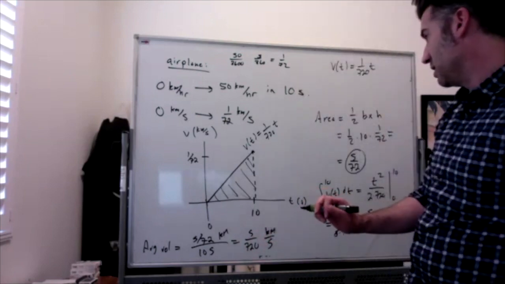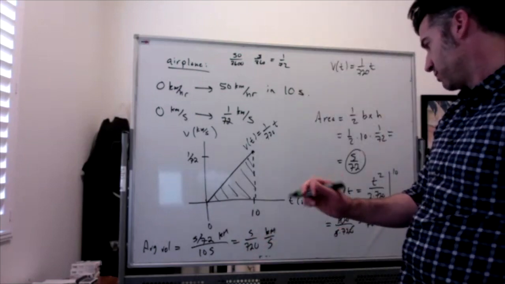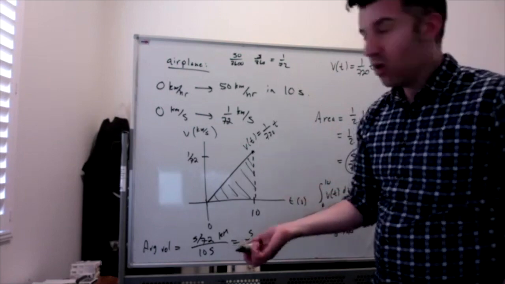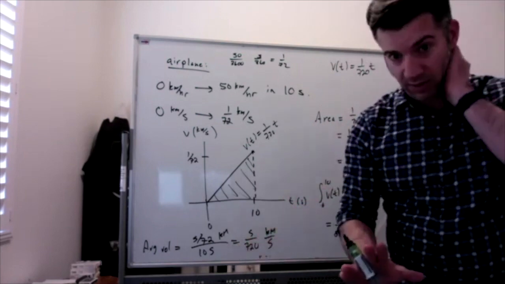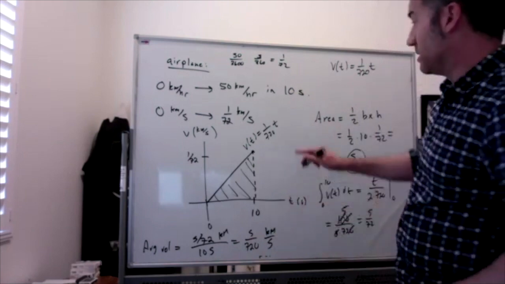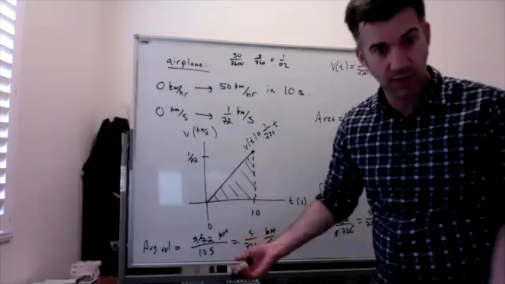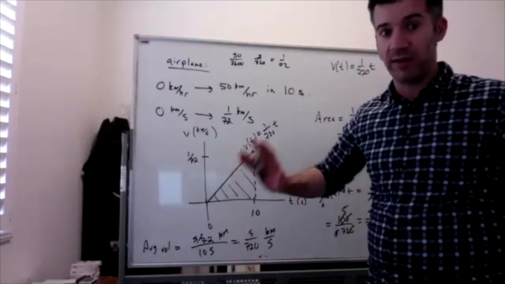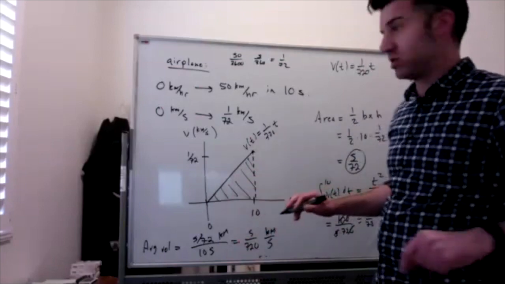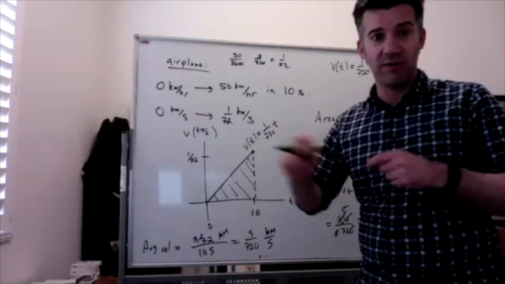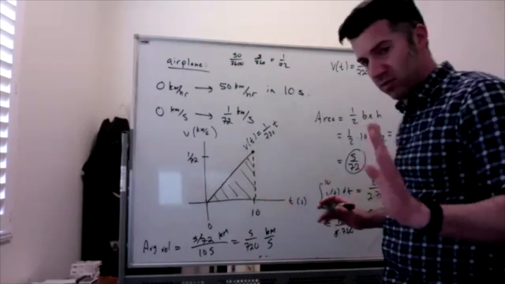That's our average speed, which in this particular example is the average of the beginning and the end, because it's a constant acceleration. That's not always the case, but it happens to work out here.